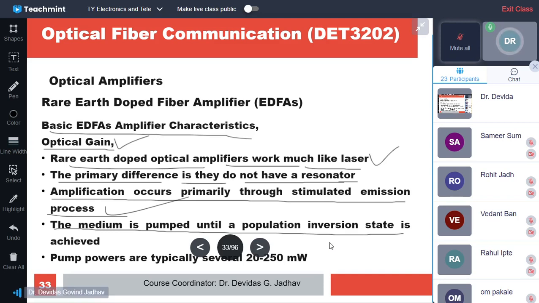The medium is pumped with energy. This energy pumping is either electrical or optical or any energy.